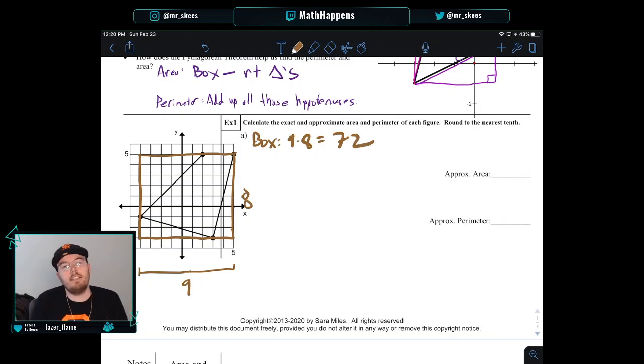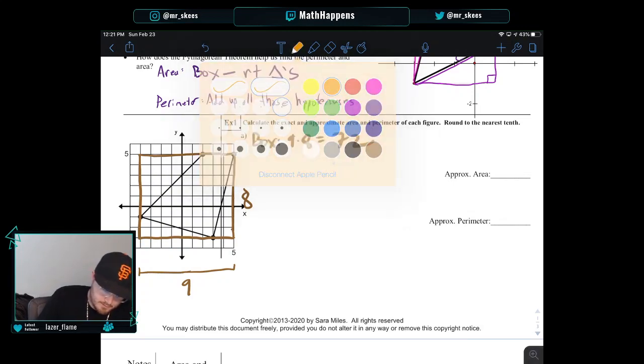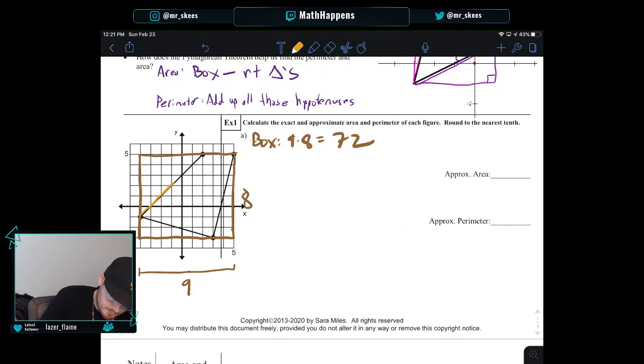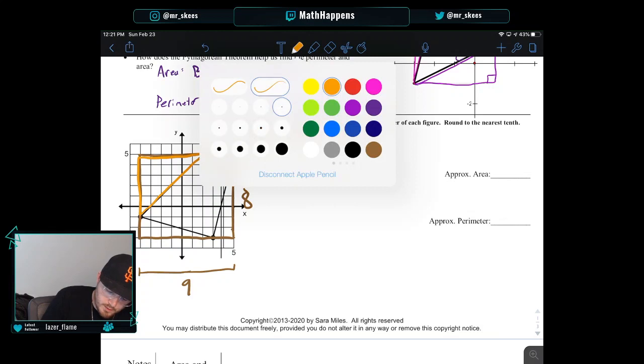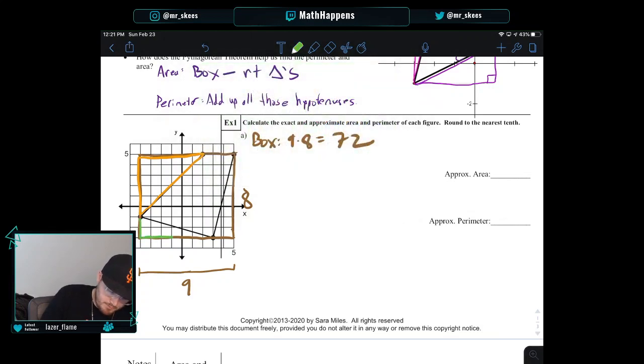But clearly that's not the area of the black quadrilateral that's inside of the box. There's 3 triangles that we need to get rid of, so to speak. Okay, we need to subtract them away.